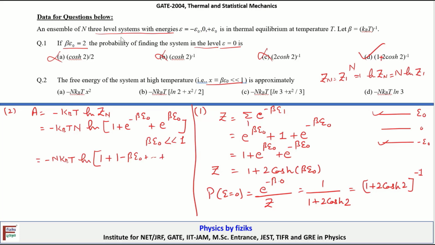Then plus 1 plus beta E0, and again we neglect the higher order terms. So beta E0 will cancel with beta E0, and we are left with minus n kBT ln 3. Therefore D is the correct option. D is correct here.